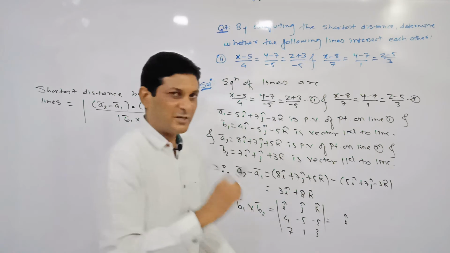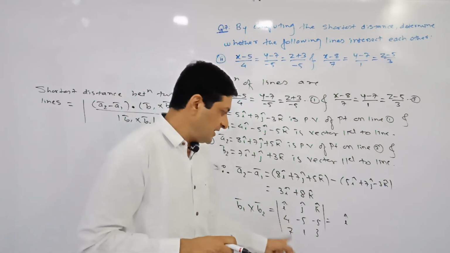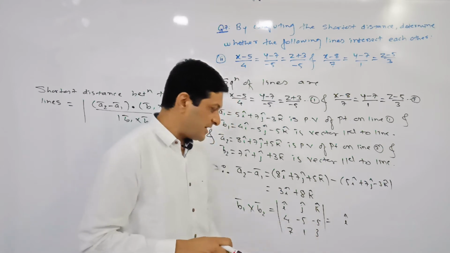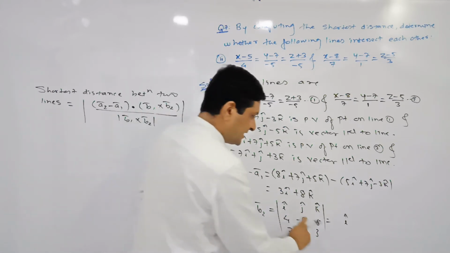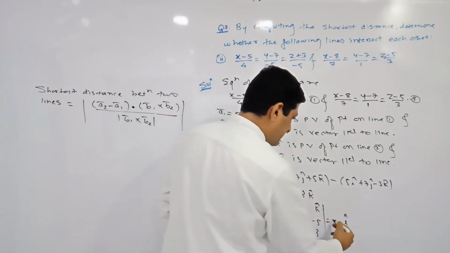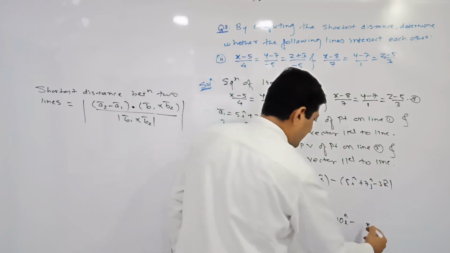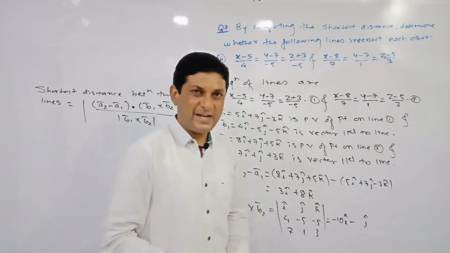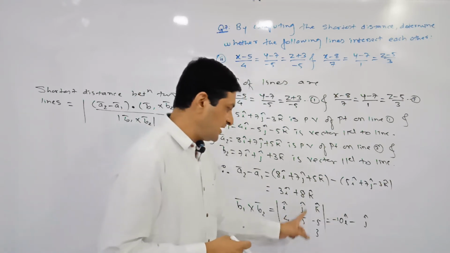First we are trying to find the coefficient of i cap. Delete this column. Here this product is minus 15, minus means plus 5, so minus 15 plus 5 will be minus 10. Now for j cap, plus j cap is there, so we write minus j cap. Find its coefficient, delete this column.